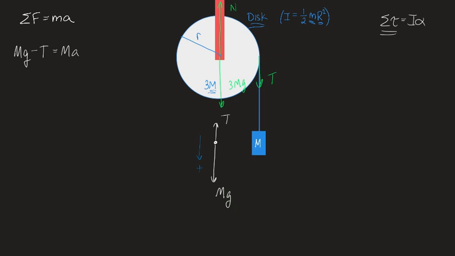Those are the 3 forces acting on the pulley. Now, truth be told, these 3 forces don't all cause a torque. A torque requires a torque arm, a force, and consideration of the angle between those 2 things.